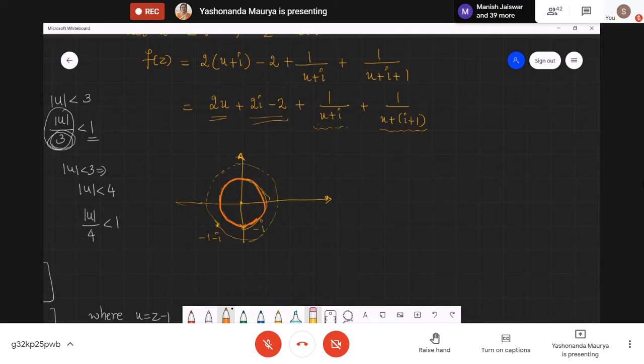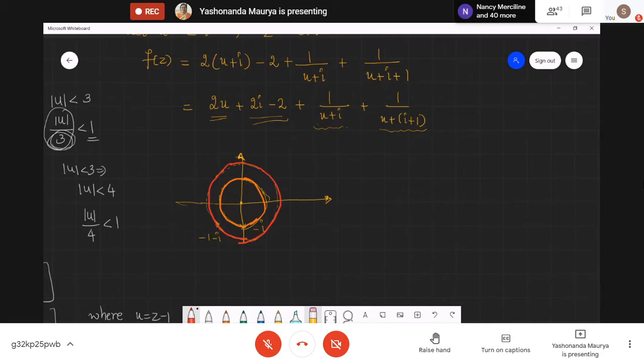What is the equation of the orange circle? And let me draw this one in red. What are the equations of this orange circle and the circle of red color?